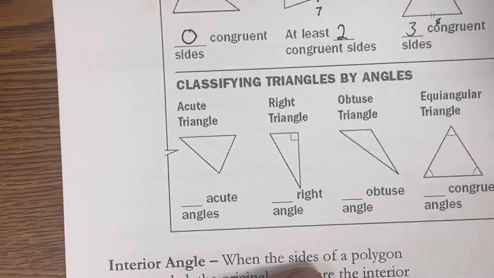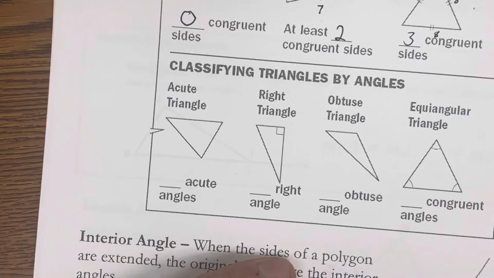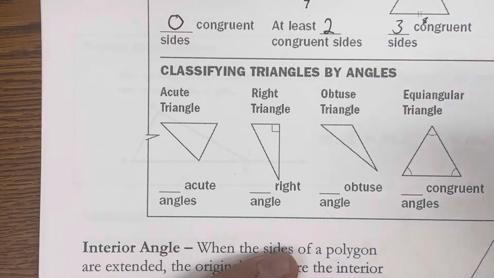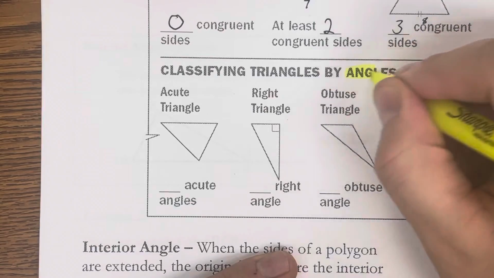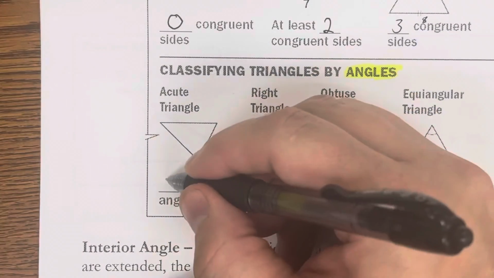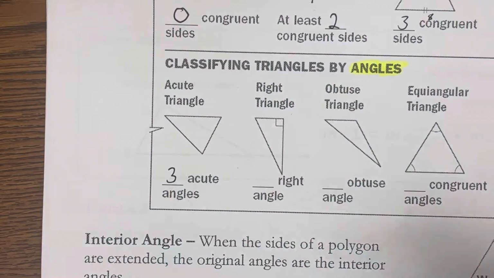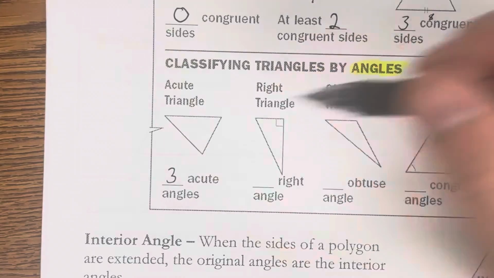When we classify by angles, classifying by the triangle's angles, we are going to look at the interior angles, which are the angles inside, the ones you've always worked with. If the triangle has 3 acute angles, it is considered to be acute. So that means all the angles are less than 90. Okay, so 3 acute angles. Less than 90, less than 90, less than 90.